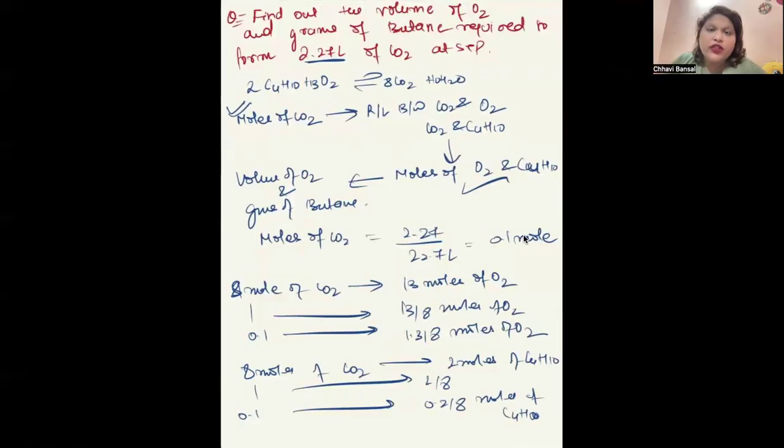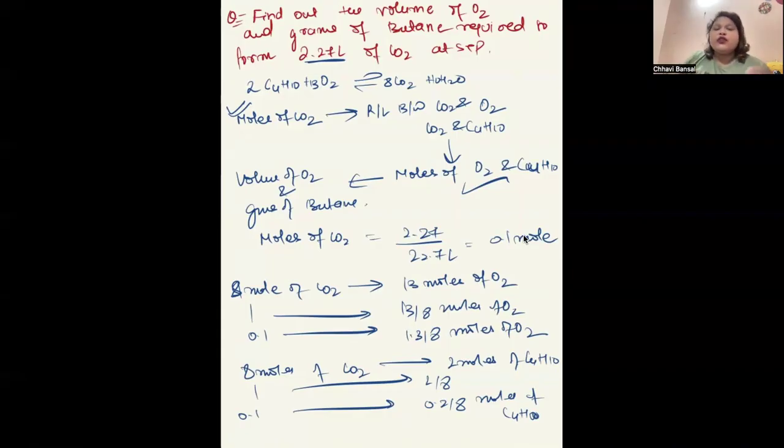We can also be given the number of atoms or number of molecules of O2 present and find the number of molecules of CO2 formed. Or if we are given that this many molecules of CO2 occupy this much volume, find the molecular weight or the grams of O2 required, right?